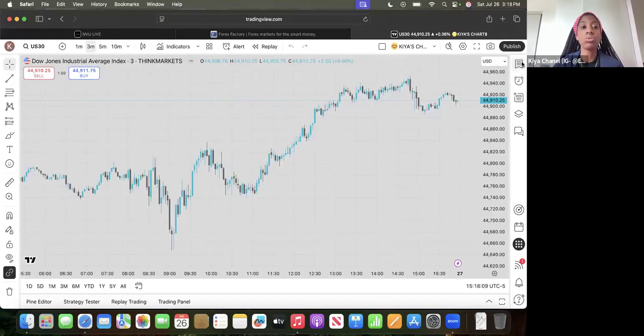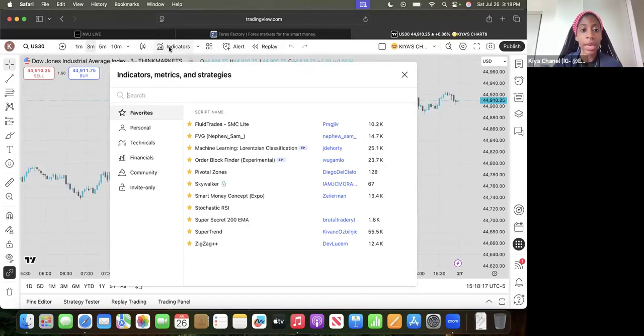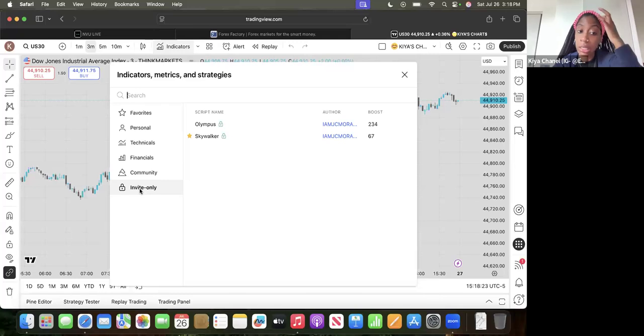Now, to get Skywalker onto your chart, you're going to go to indicators on TradingView. Once you go to indicators, you're going to see invite only. When you go to invite only, you're going to see your Skywalker there.